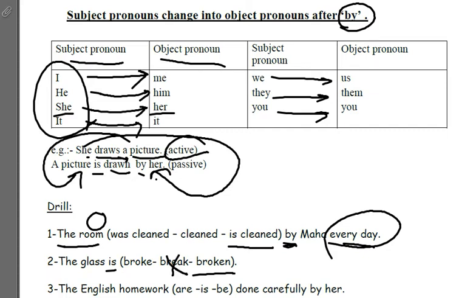Broke is the second form, and broken is the correct answer. The English homework is done carefully by her. So homework is an uncountable word, and we have to put "is" after it, and "is done carefully by her".